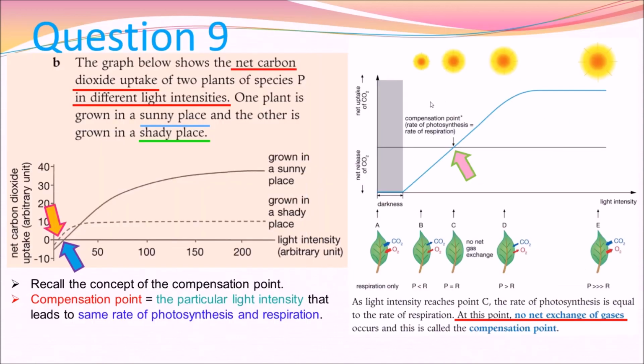So you can see that at point C, at this particular light intensity, it reaches the compensation point. For D and E, higher light intensity, so photo is faster than resp. And for AB, the light intensity is lower than the compensation point at point C, so resp will be faster than photo.